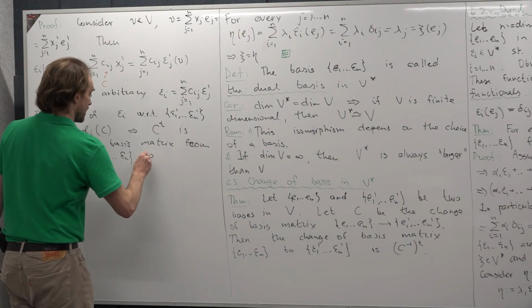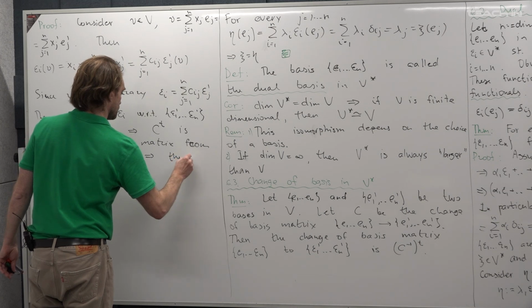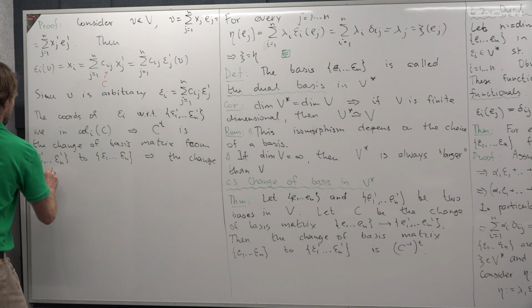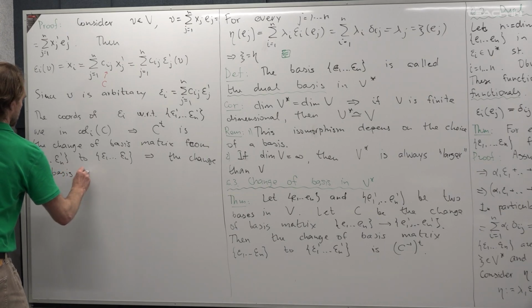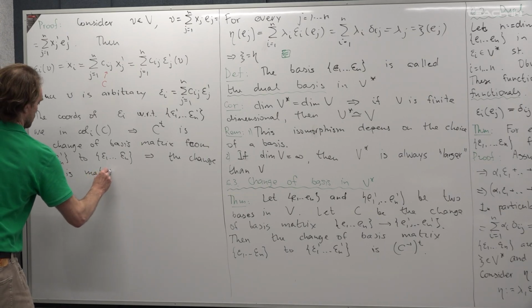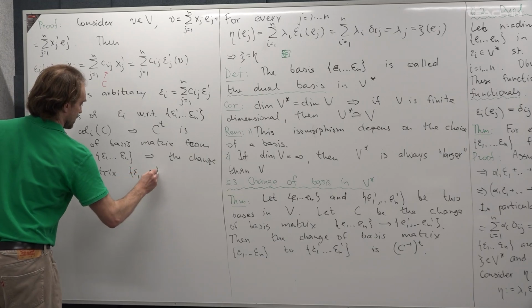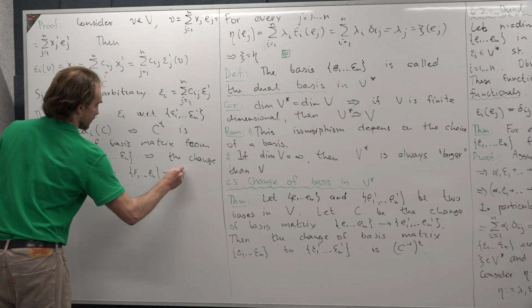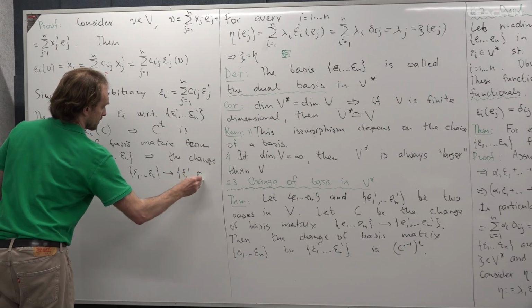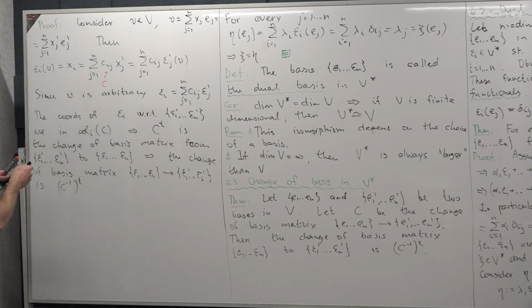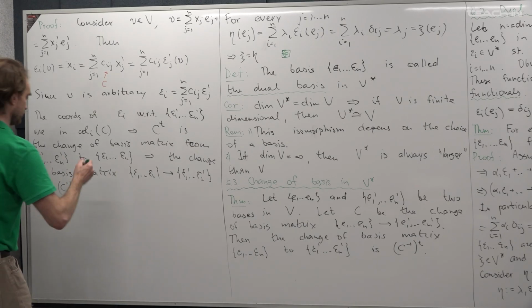And that's why the change of basis from unprimed to primed basis is the inverse one, so it is C to the minus 1 transpose. This is exactly what we need to prove.